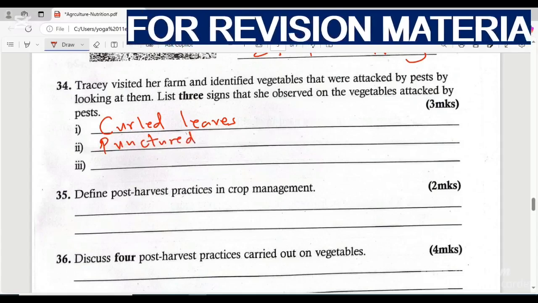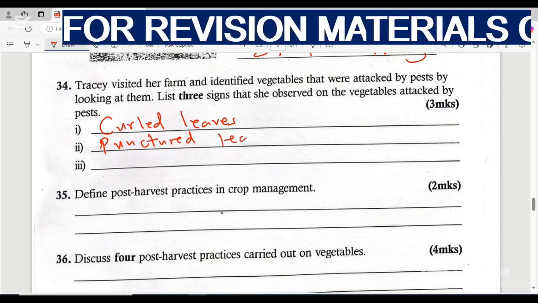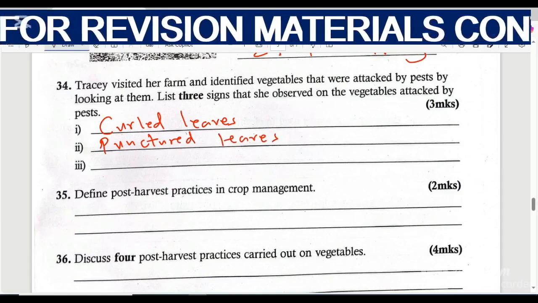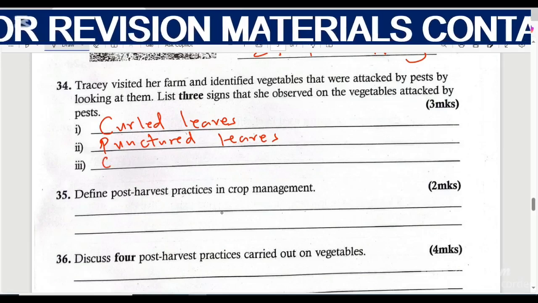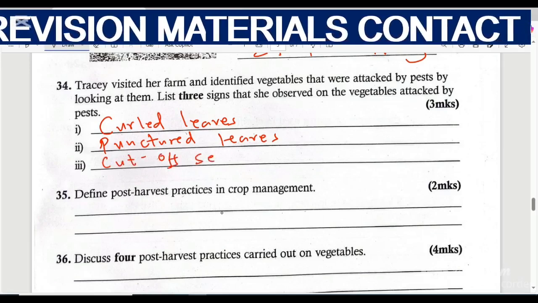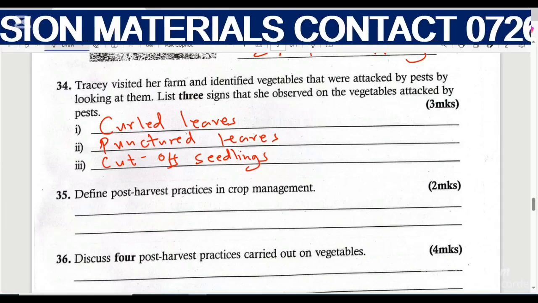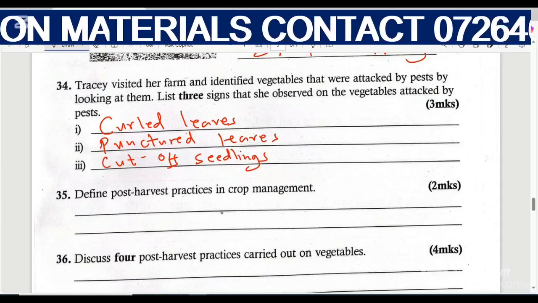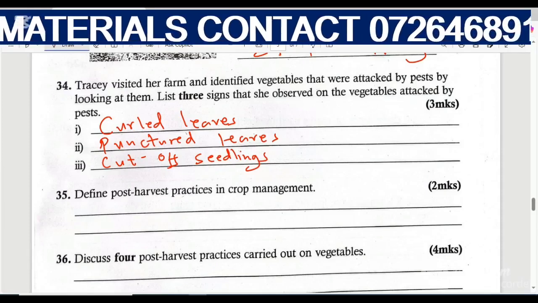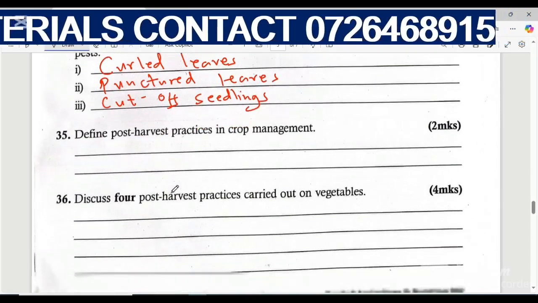Some leaves had holes. Third, cut off seedlings. So those are the 3 major signs that show by observation that the pests had already attacked the vegetables.